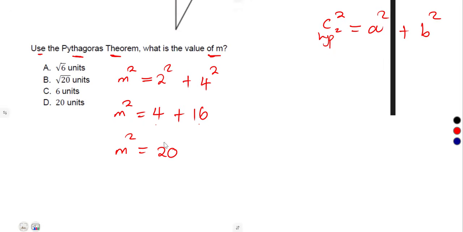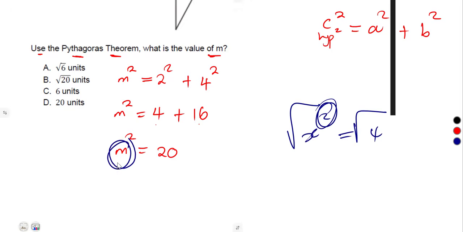Remember, when solving equations, if x squared is equal to 4, you have to introduce the square root to get rid of the square. It is the same thing whether it is m squared, p squared, or q squared. As long as there is a square, introduce the square root. And we are talking about a side.